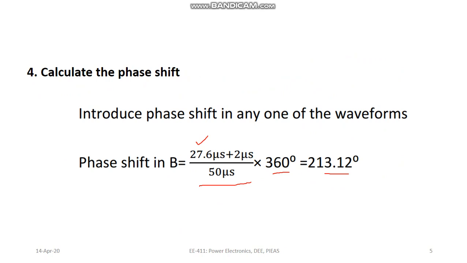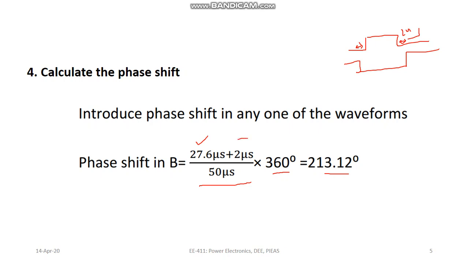So I have to only introduce phase shift in one of these signals. I am keeping one of the waveforms in its fixed position and sliding the next one over it, so that I can achieve a waveform like this, in which I get a dead time of 2 microsecond on both sides, on this side and on this side as well.